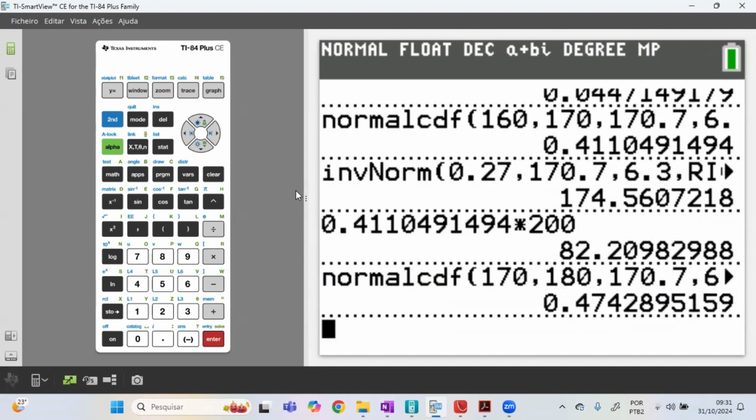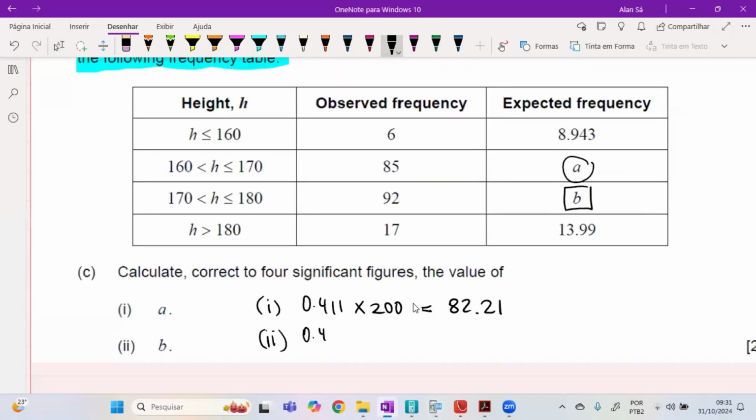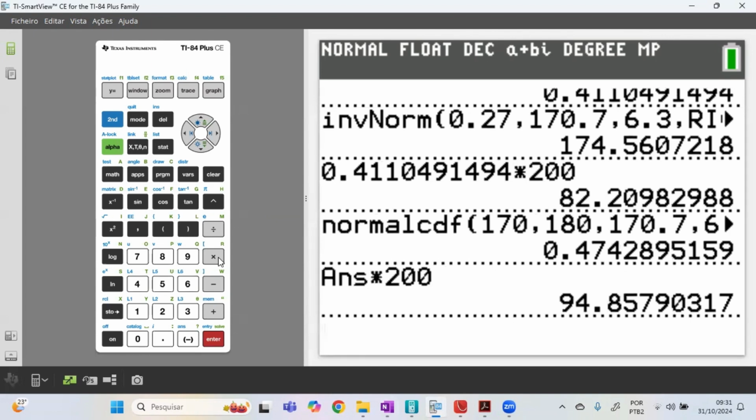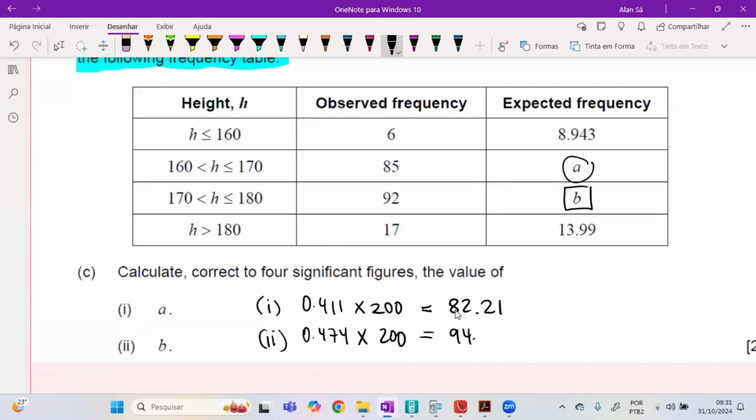Here we get this probability, 0.474, and then we multiply by 200 and get 94.857, so 94.86. The same would have to be done in the other calculators, in Casio.